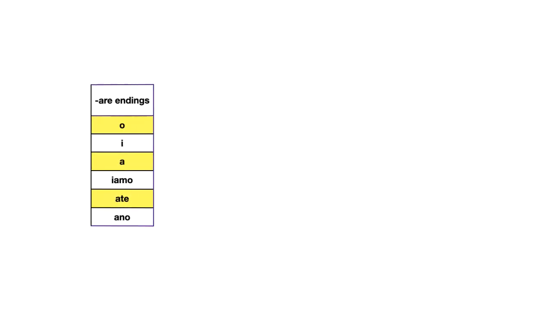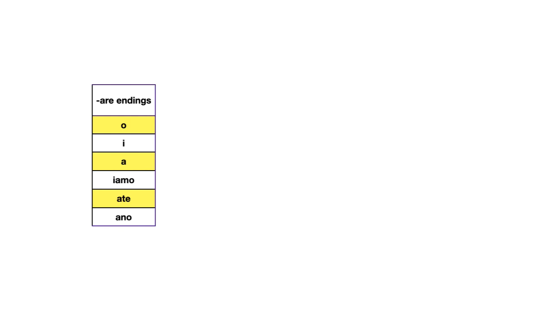So I want us to do a full comparison of the three sets of endings of regular Italian verbs. Let us start with the endings for the are verbs. O, I, a, iamo, ate, ano. These you absolutely need to memorize in full.